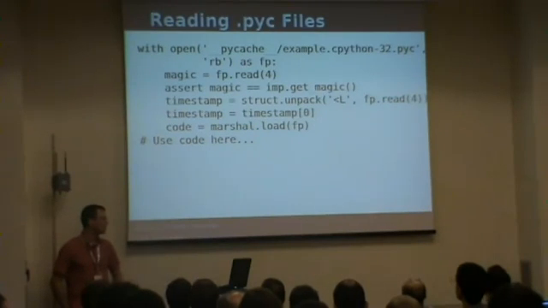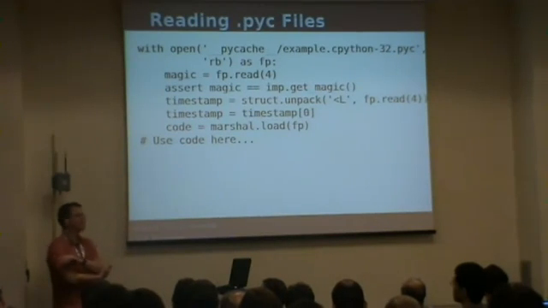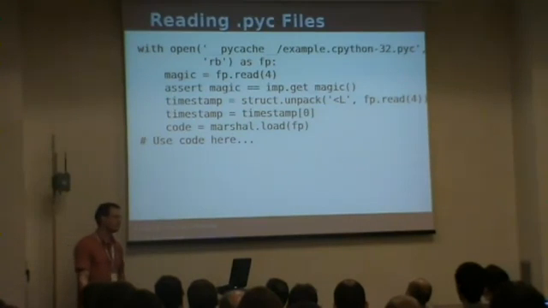So you open the file that you want to. Make sure in Python 3 to open it as a binary file, not as a text file. You get the magic. You check the magic number is fine. But this is bad style. Obviously, don't use assert, because when you use assert for this, you will lose the information when you start using -O.